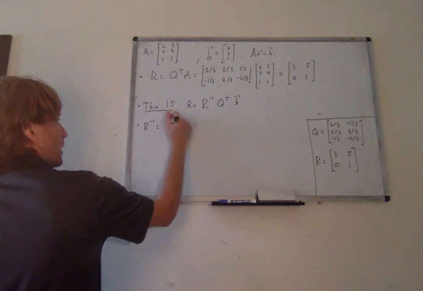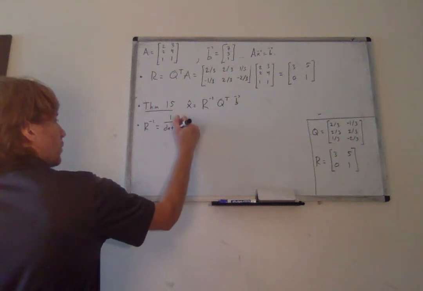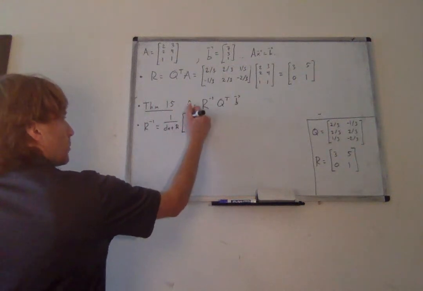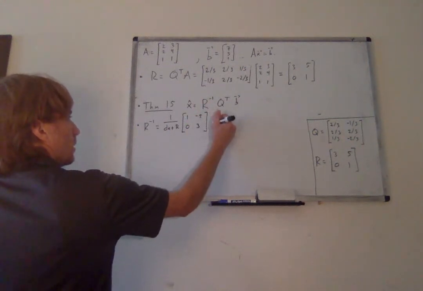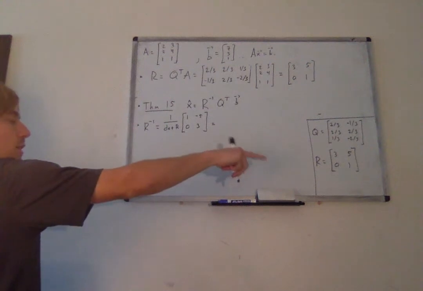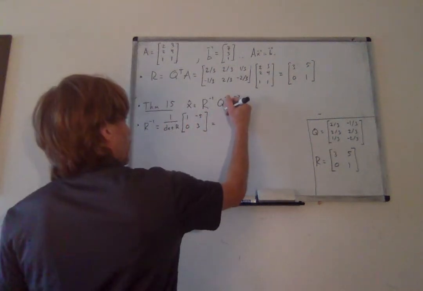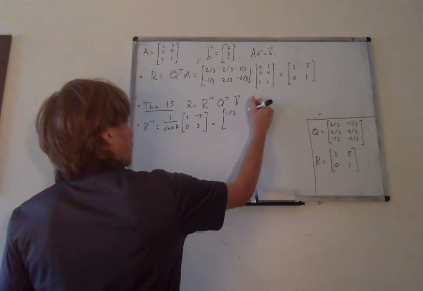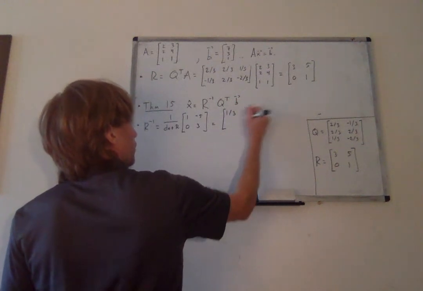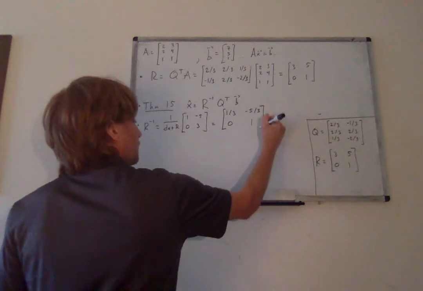Well, this is just equal to 1 over the determinant of R times 1, negative 5, 0, 3. The determinant of R is equal to 3 times 1 minus 0 times 5, which is 3. And so R inverse is equal to 1/3, negative 5/3, 0, 1.